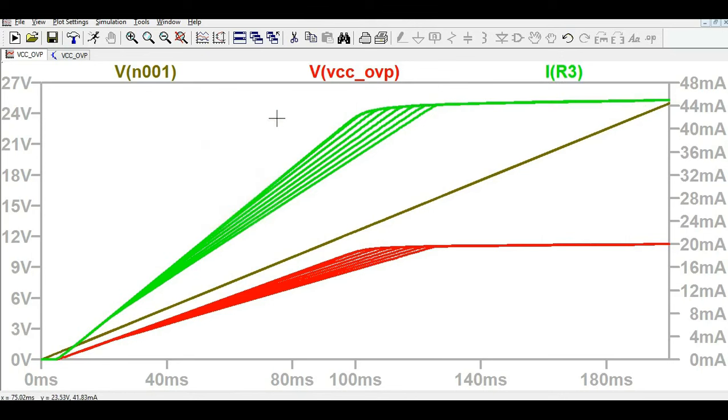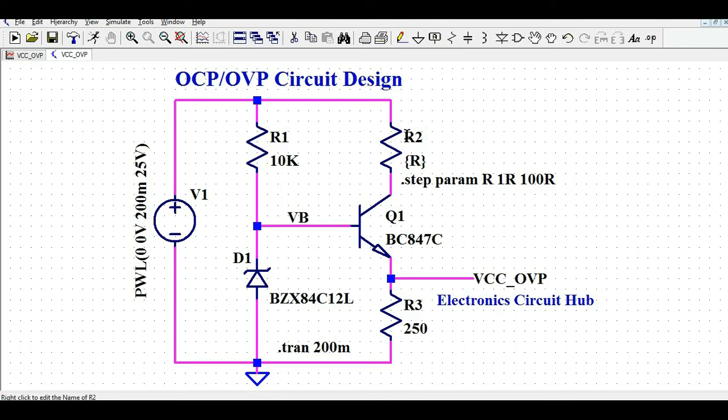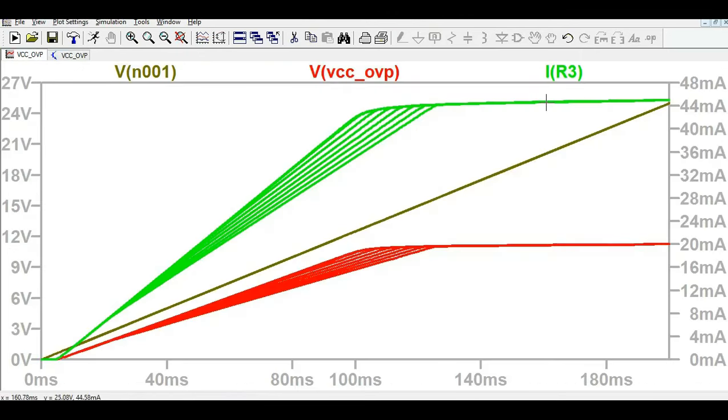So what you see here, guys, is that irrespective of change in input voltage, from 15 volt to 25 volt, you are getting a constant output voltage. And irrespective of the change in the load resistance, this is your load resistance R3, and I'm changing it from 1 ohm to 100 ohm, you are getting a constant output current, equal to 45 milliampere.